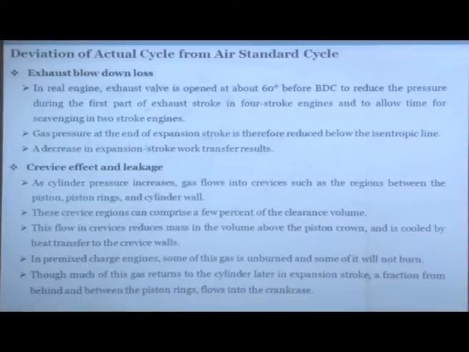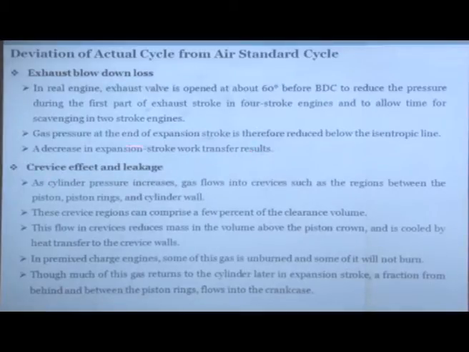So you have to open it several degrees before BDC. In a real engine, the exhaust valve is opened 60 degrees before bottom dead center in order to reduce the pressure during the first part of the exhaust stroke in a 4-stroke engine and allow time for scavenging in a 2-stroke engine. So gas pressure during the expansion stroke is reduced below the isentropic line, and this also leads to a reduction in expansion stroke work transfer.